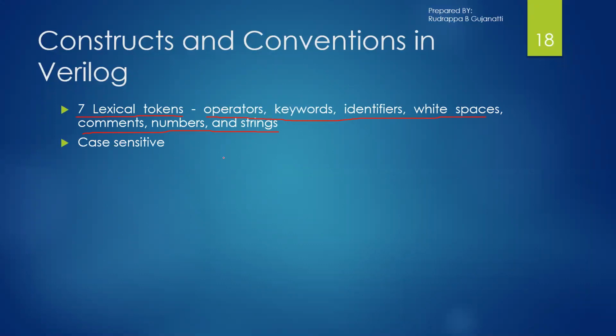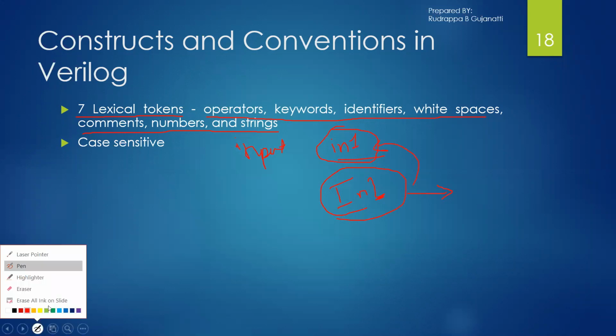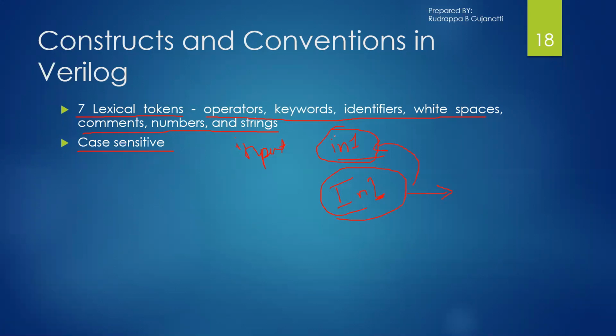If you declare an input as, say, in1, and later somewhere by mistake you use it in a different case, this is different from the declared variable and might give rise to a syntax error or declaration error. So you should keep in mind that Verilog is case sensitive, because here the letter is lowercase and there it is uppercase.